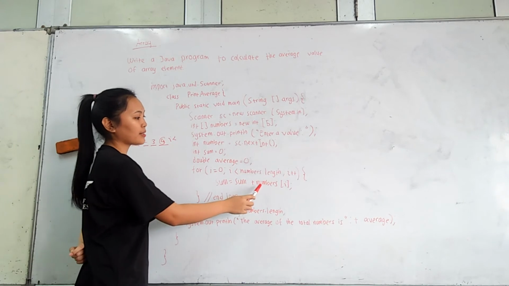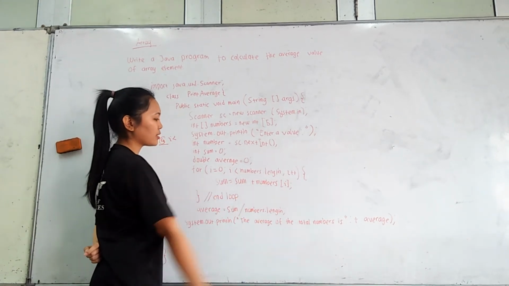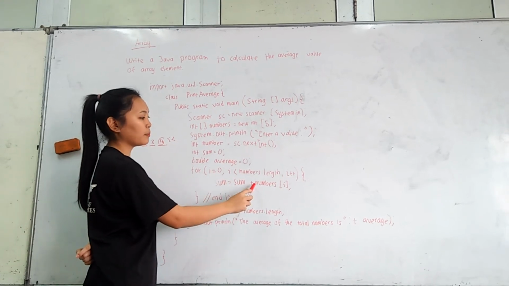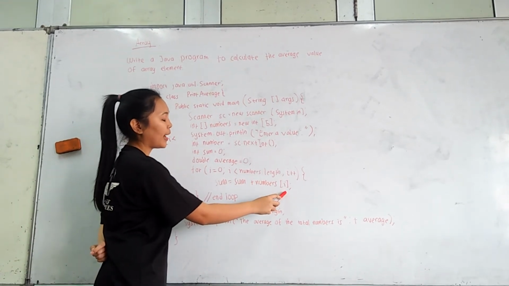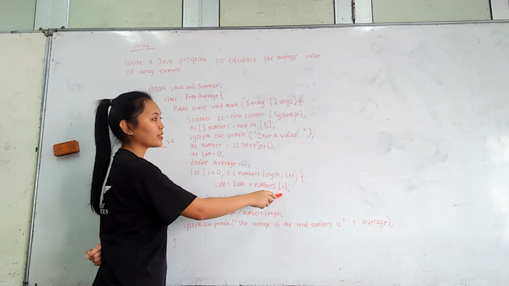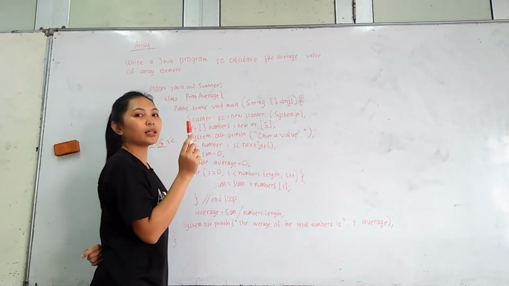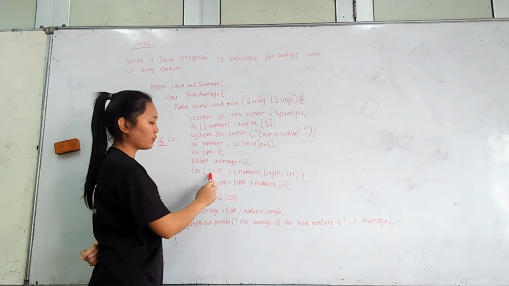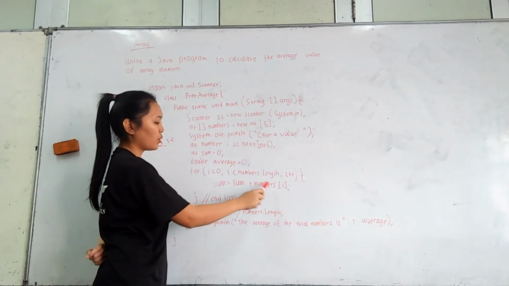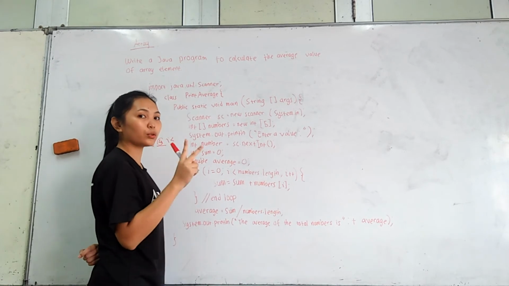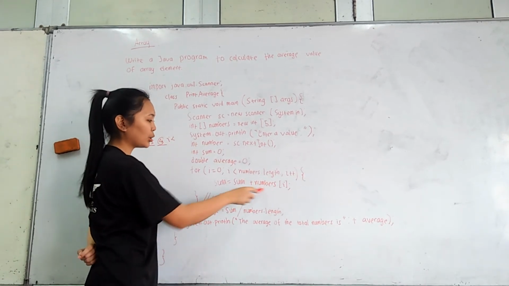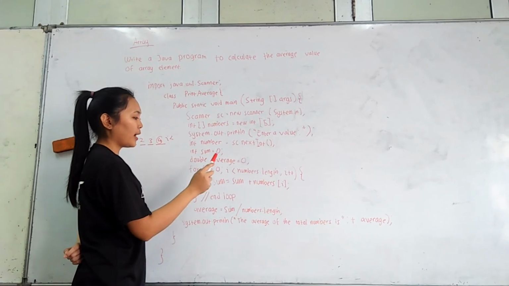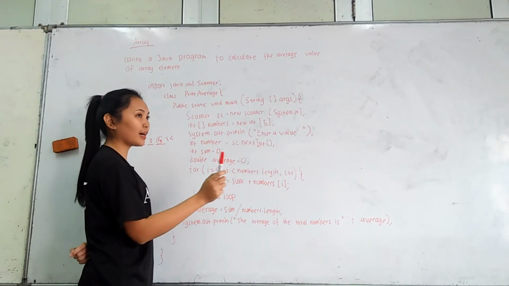Here sum plus numbers[i], as you can see, we start with 0 and then add numbers[i], the value that the user enters, for example 2. So sum 0 plus 2, so the first sum is 2. This is looping, so it will go back here, and then we calculate the next sum.